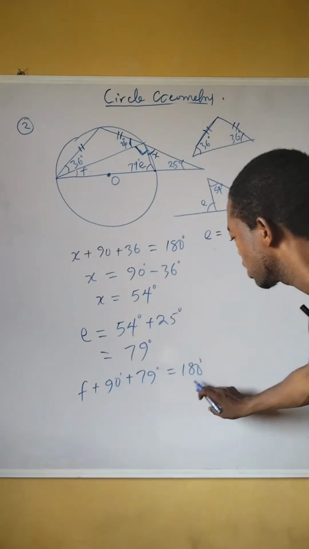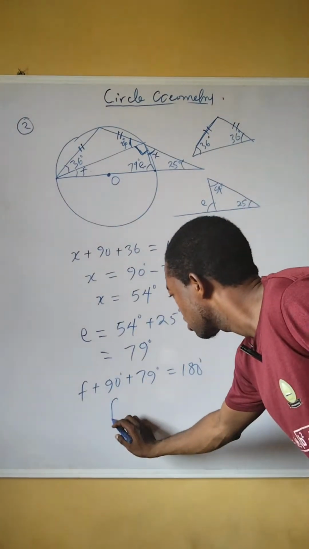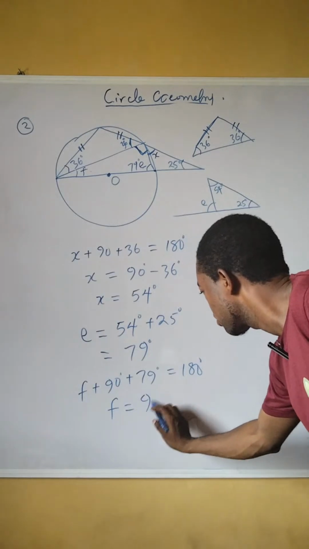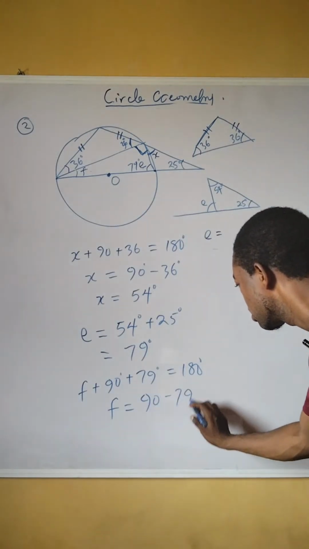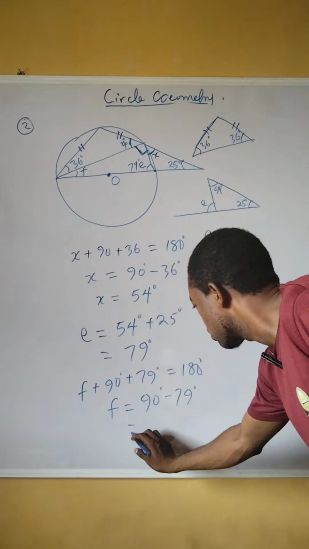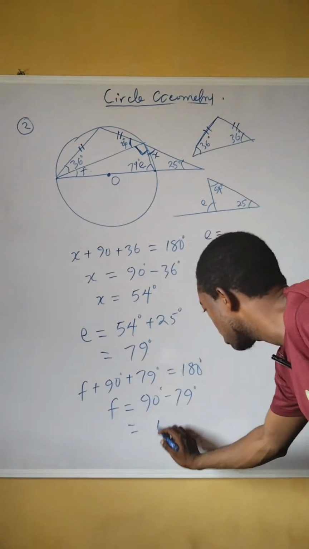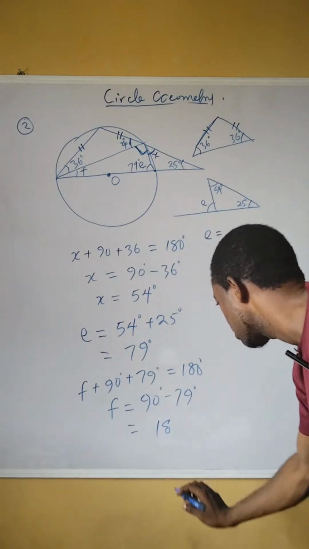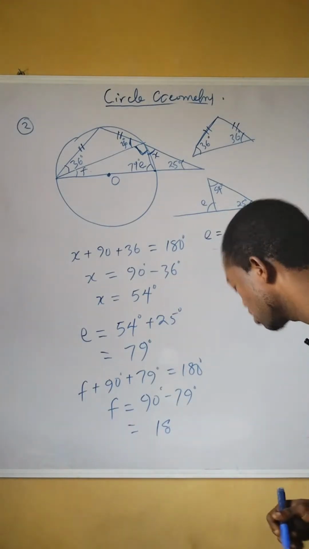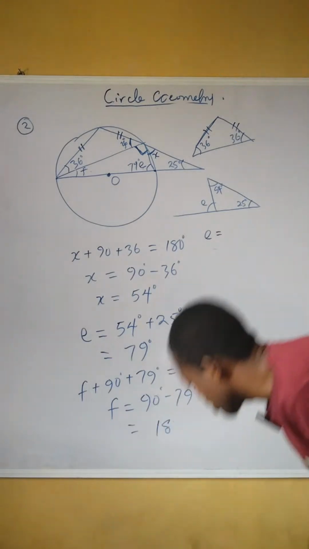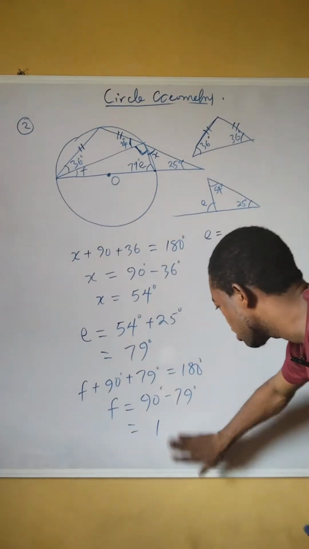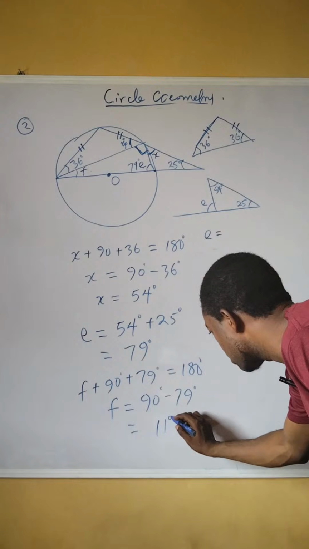Subtracting 90 from 180, that's 90. So F equals 90 minus 79 degrees. That's 18, oh sorry, that's 11 degrees.